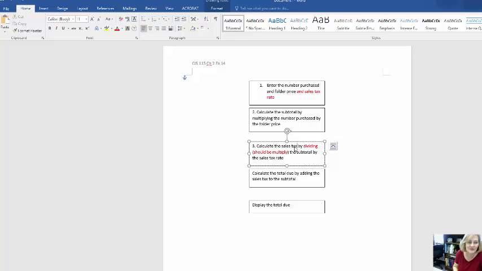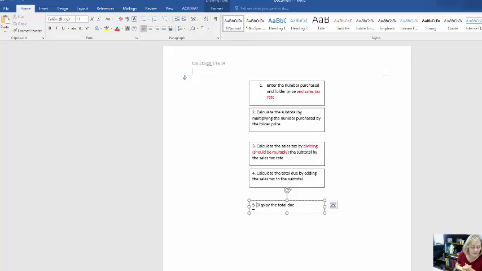Okay, so we've calculated number 2, the subtotal. Now we're calculating the sales tax. And now we're going to come back down here and number 4 and say calculate the total due by adding the sales tax to the subtotal, and then 5, display. Okay, so let's talk about this.